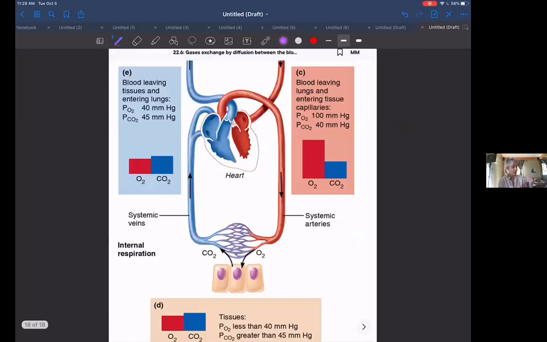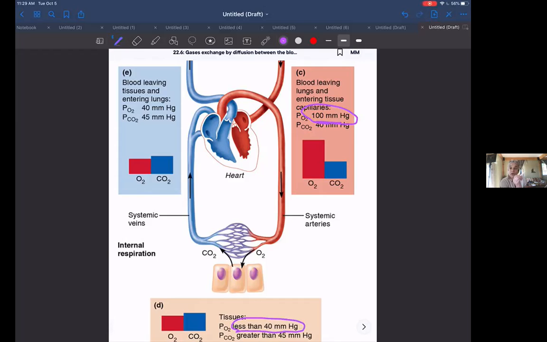The internal respiration is when we are moving oxygen into the tissues. Blood entering the tissues has a partial pressure of oxygen of 100 millimeters of mercury, and in the tissues, it's less than 40.